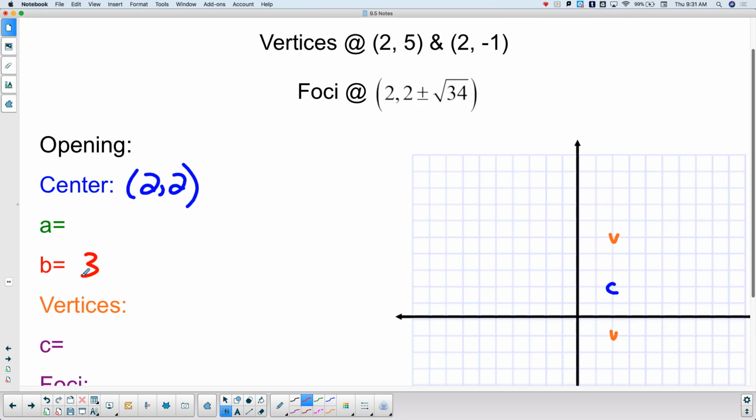We'll get there, I promise. Anything else? Lex, what do you got for me? It opens up and down because the vertices are aligned vertical. It opens up and down. So that means it's going to be a y squared minus x squared type 1. Love it. Okay?